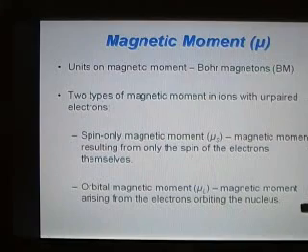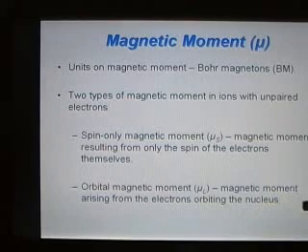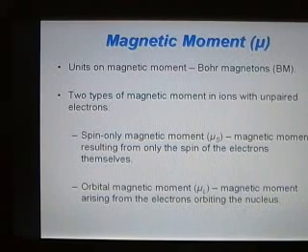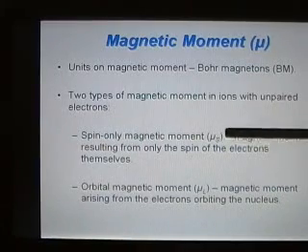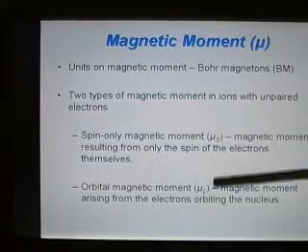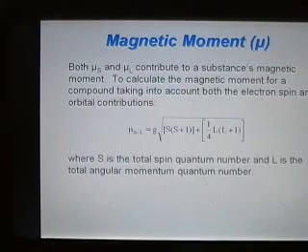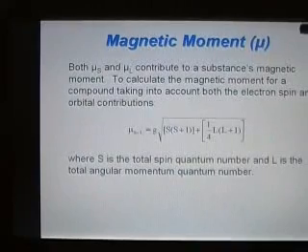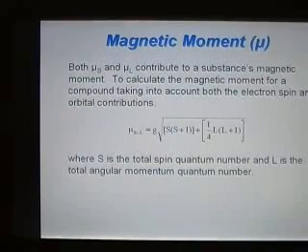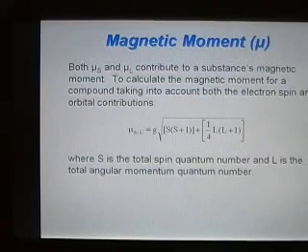And the other is called the orbital magnetic moment, which is the magnetic moment arising from the electrons orbiting the nucleus. Spin magnetic moment is a large contributor to the overall magnetic moment of a compound, whereas the orbital magnetic moment is a very small contributor. So to calculate the overall magnetic moment for a compound, both the spin and orbital components must be accounted for.